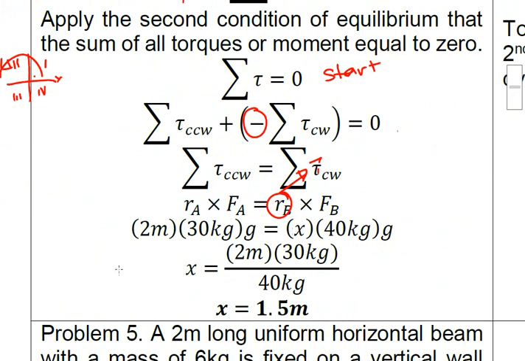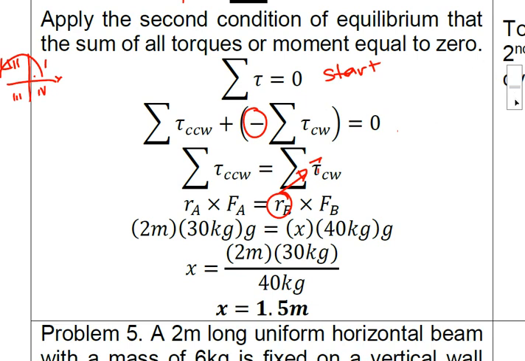Okay, so x is equal to 2 meters times the 30 kilograms over 40 kilograms, and as we predicted, the person which is 40 kilograms should sit not greater than 2 meters, otherwise it will cause the seesaw to rotate. So at 1.5 meter distance is where the 40 kilogram person should sit to balance the seesaw.